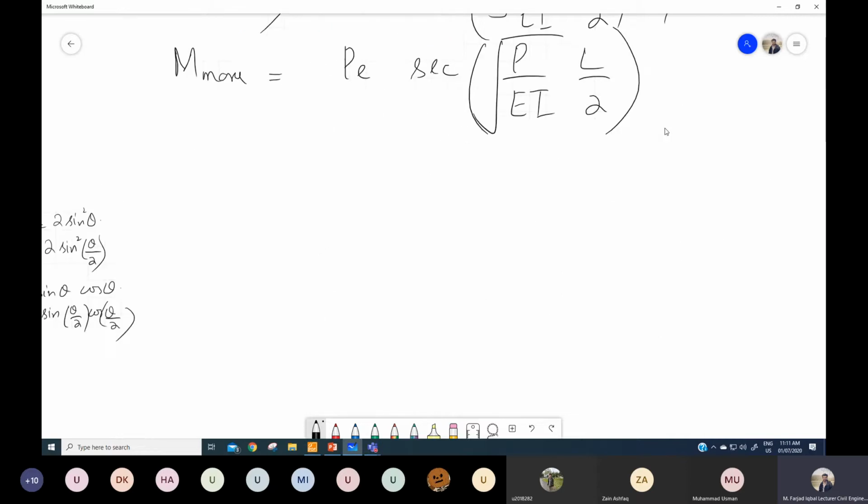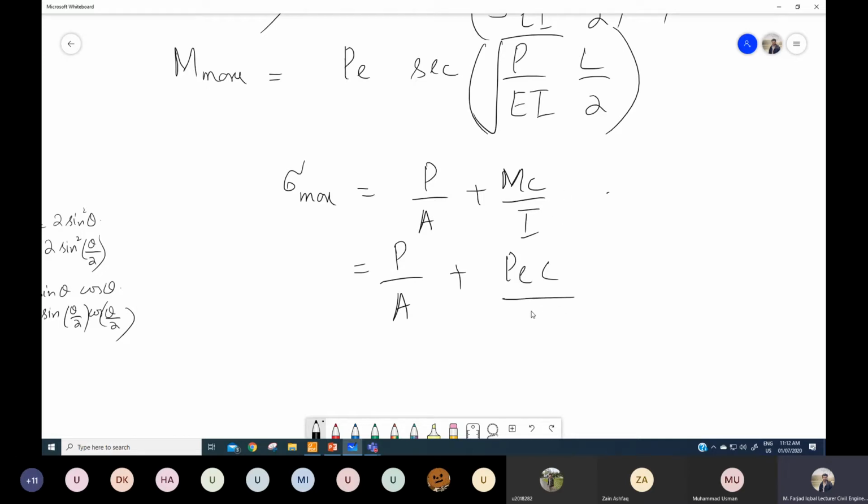Again, the relationship for maximum stress was P over A plus MC over I. So this P over A will remain as it is, and for M, I will replace M with this equation. So I will get PE, this C factor as it is, divided by I into secant under root P over EI L over 2.